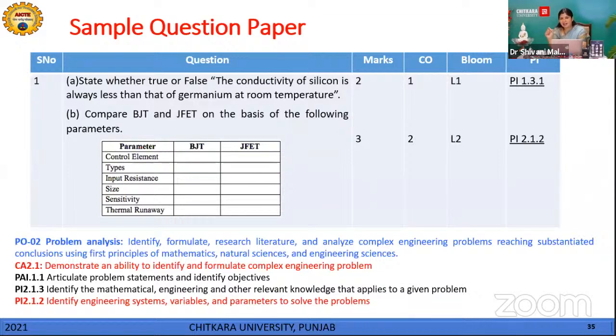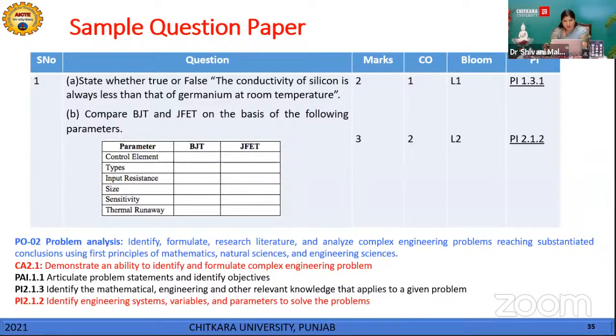The second digit tells you about the competency, competency 1, competency 2, competency 3. That means the first program outcome has three competencies, and out of this, the third competency is what we are catering to. The last digit 1 means that in the third competency, the first indicator is what is inclined to this question. So PI 1.3.1.